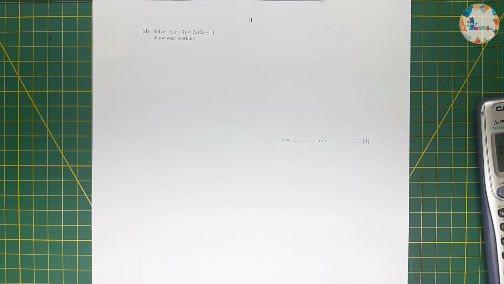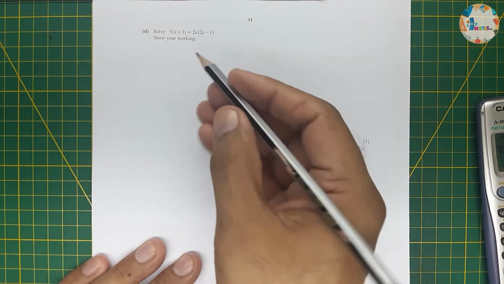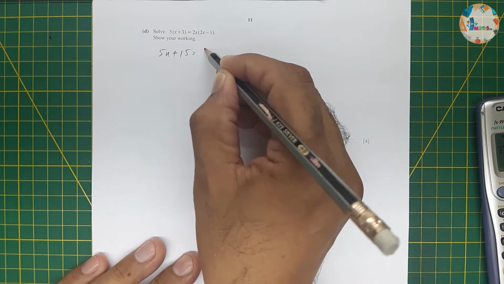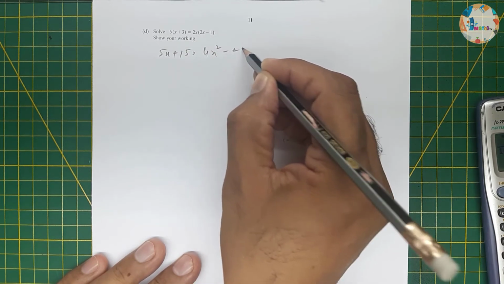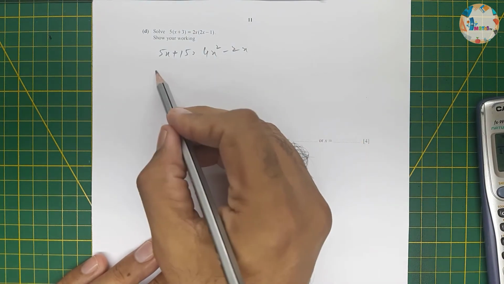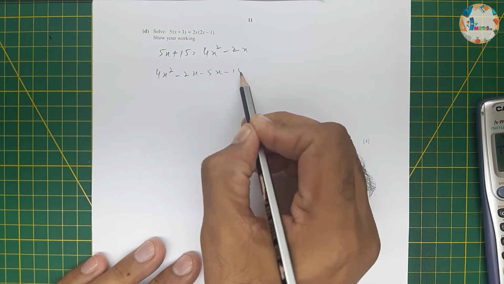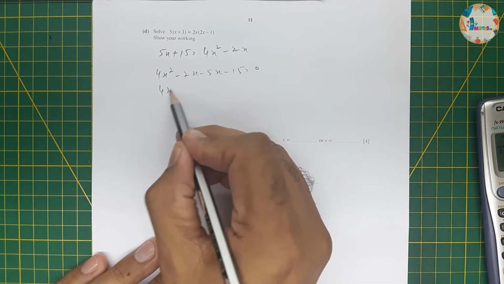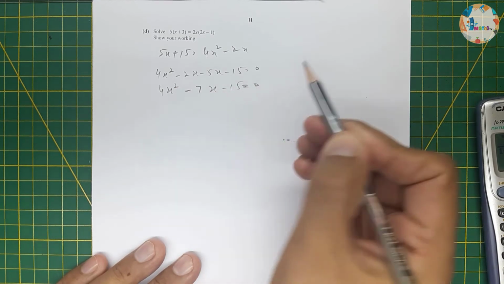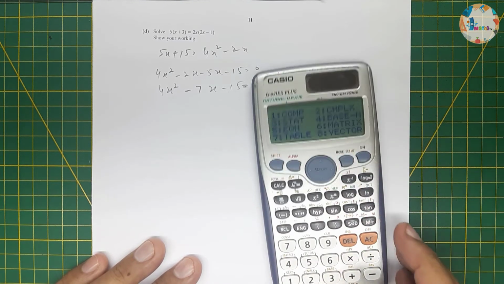Then D part, we have to solve the given equation. We'll open the brackets. So it will be 5x plus 15 is equal to 4x squared minus 2x. Now we can shift everything to this side. So it will be 4x squared minus 2x minus 5x minus 15 is equal to 0. So 4x squared minus 7x minus 15 is equal to 0, this will be our quadratic equation, and this one we can use the calculator to solve.